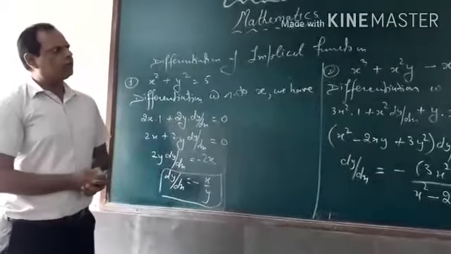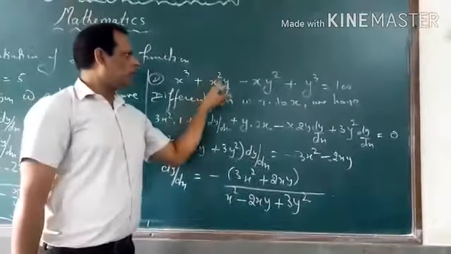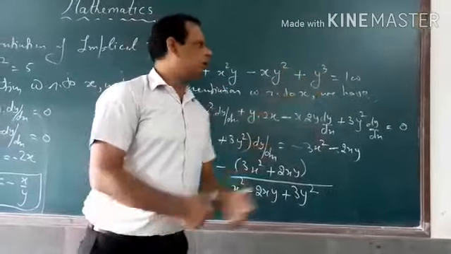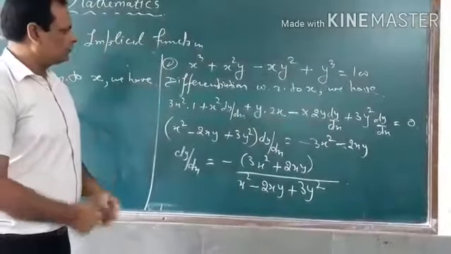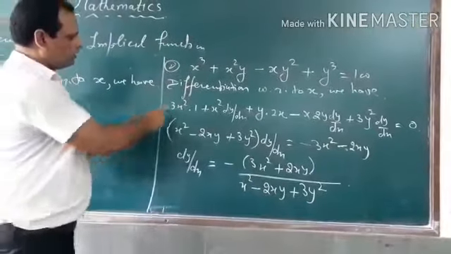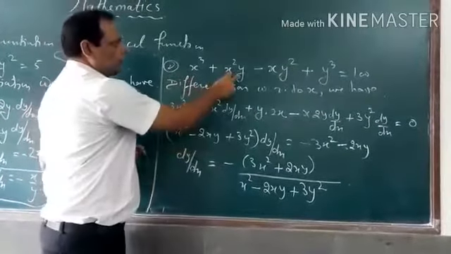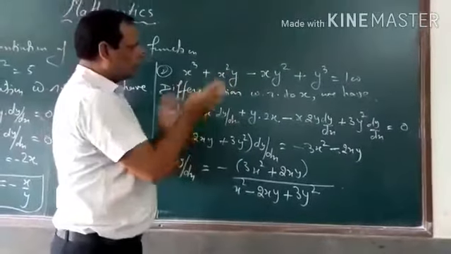Now in the second example we see x cube plus x square y minus x y square plus y cube equal to 100. Again differentiation with respect to x we have. Differentiation of x cube is 3x square. Now see the differentiation, especially here x square y, where two variables are given.